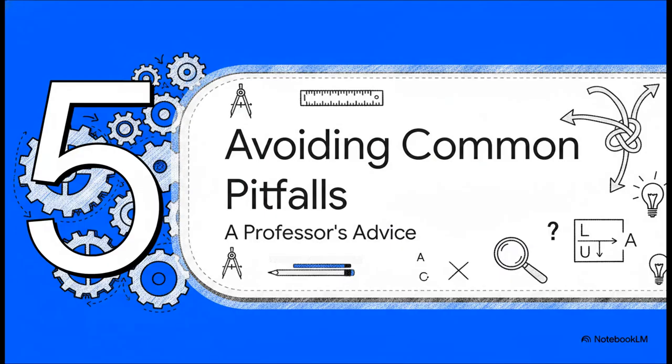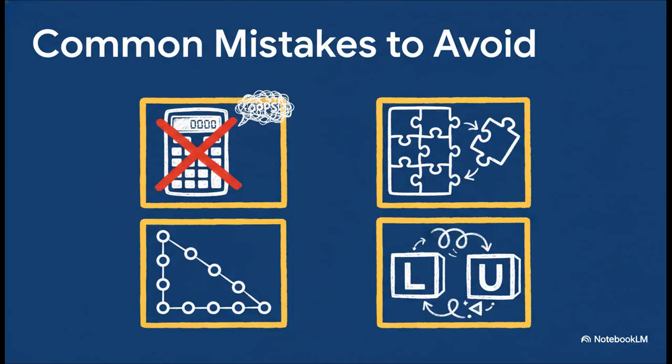Now, like any powerful tool, you have to use it correctly. I have seen so many students who understand the concept perfectly, but then stumble when it comes to actually doing it. So let's talk about the common traps people fall into so you can sidestep them. Honestly, the biggest mistakes I see are almost always in the small details, not the big concept. A simple arithmetic error, a plus sign that should have been a minus during the row operations, can throw your entire U matrix off.